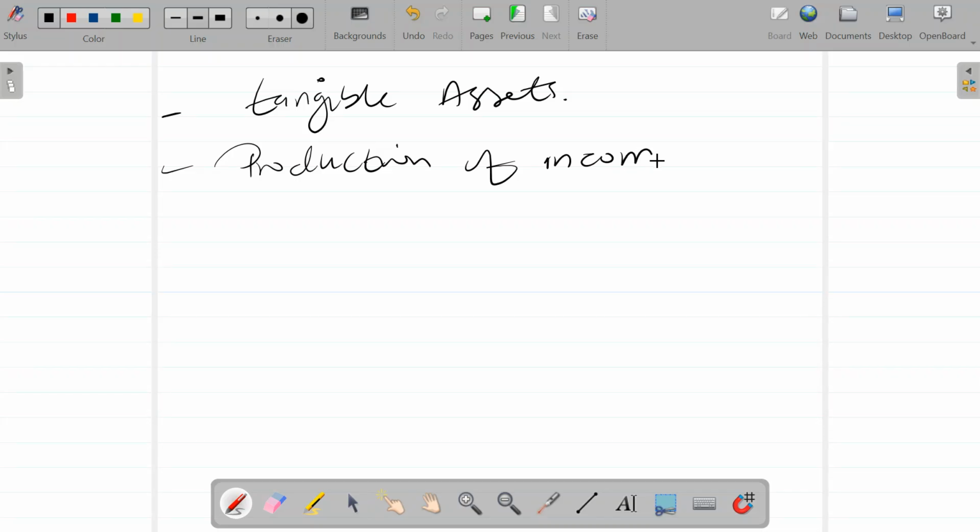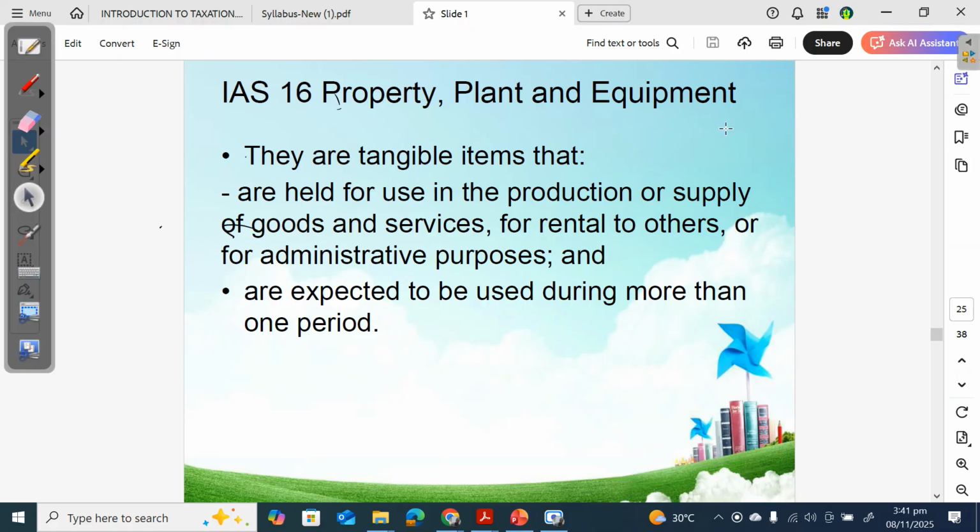Like factory machines, we use them to manufacture products. Maybe delivery vehicles, we use them to deliver our product to customers. And computers, those are for administrative purposes. So they are used for production of income or administrative purposes. Do you get this? These are PPEs, property, plant, and equipment.